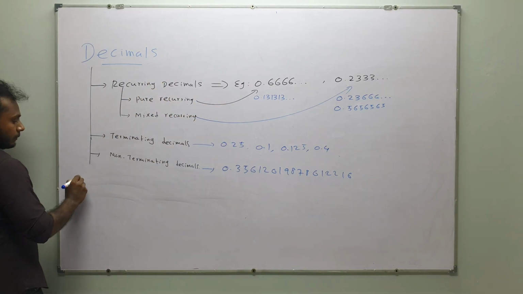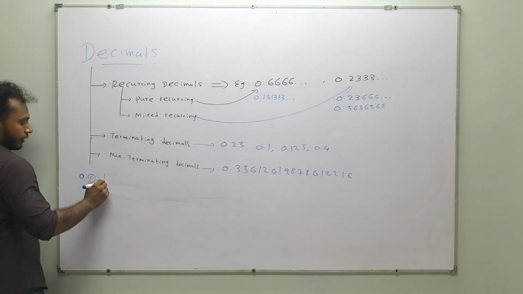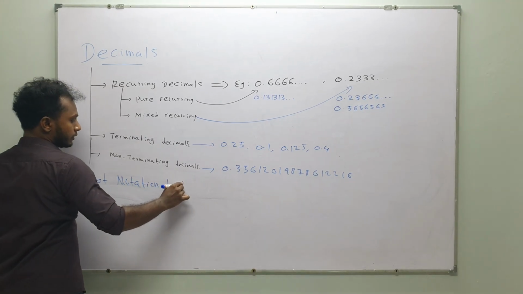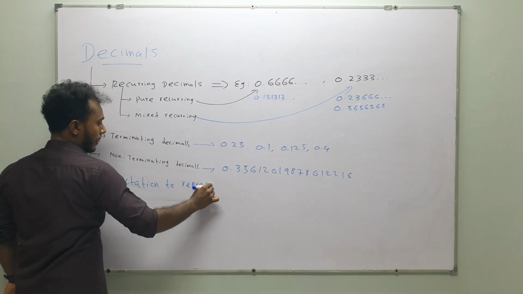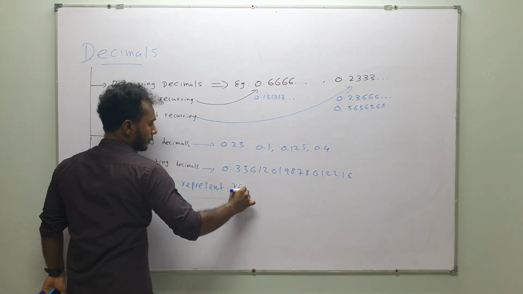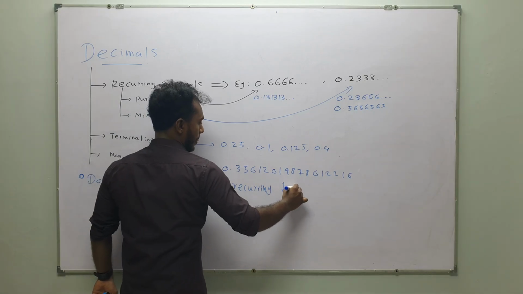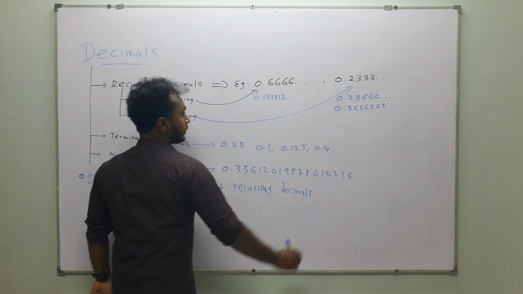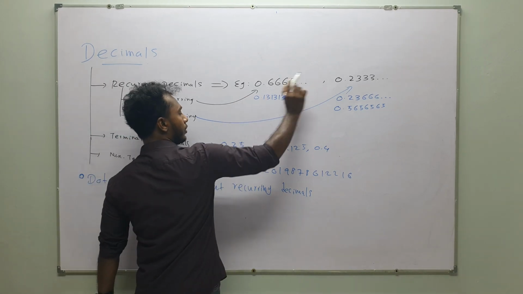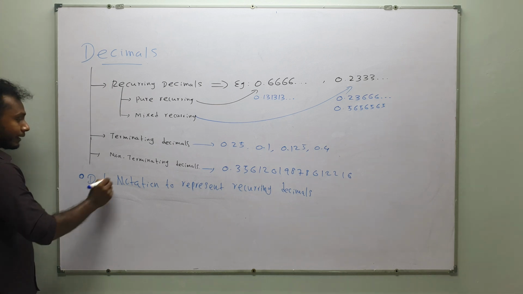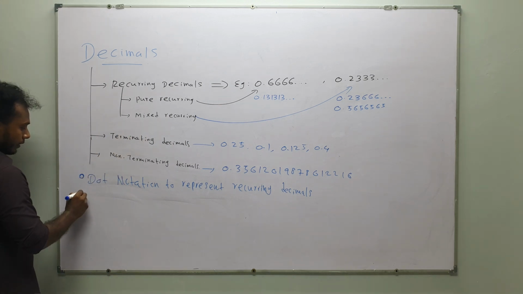Then we have to consider the dot notation to represent recurring decimals. Instead of writing very long chains of repeating units, I can do it like this.